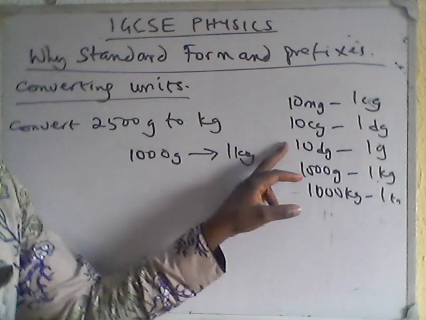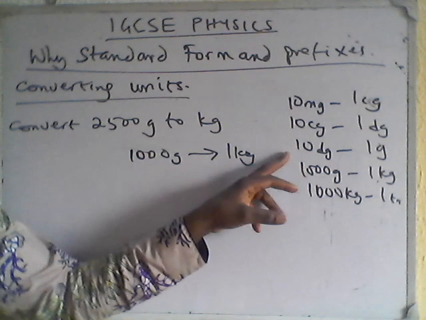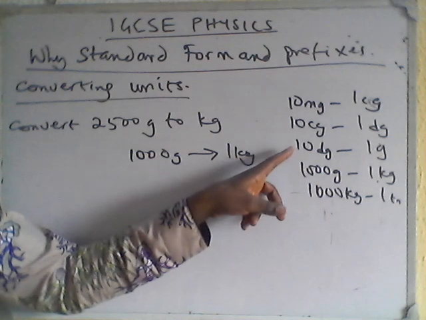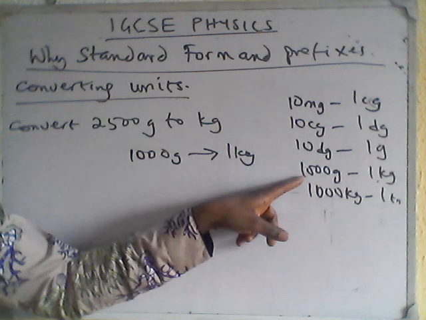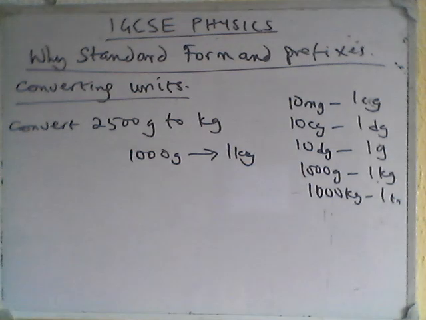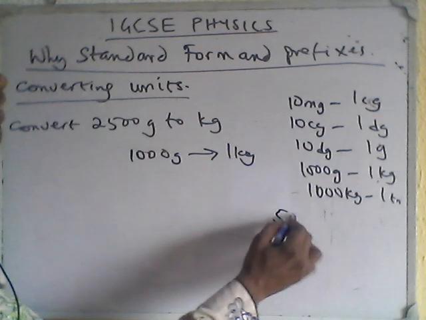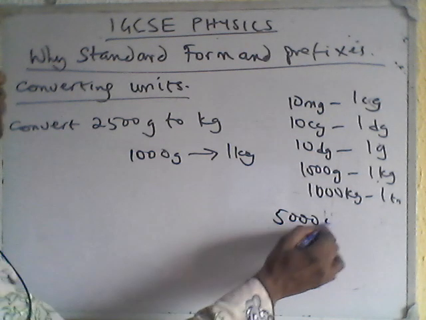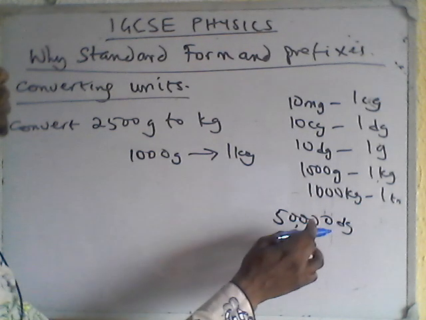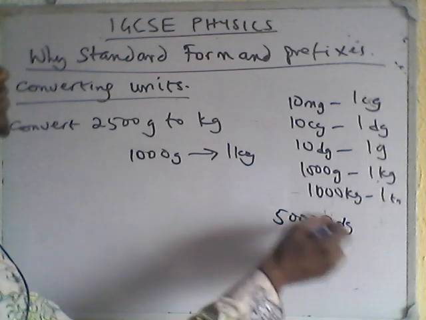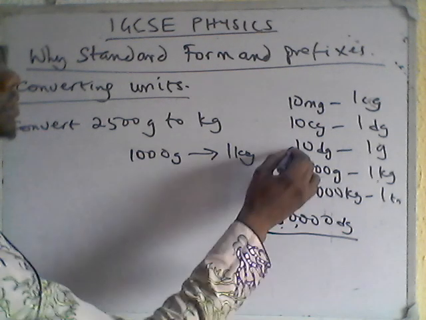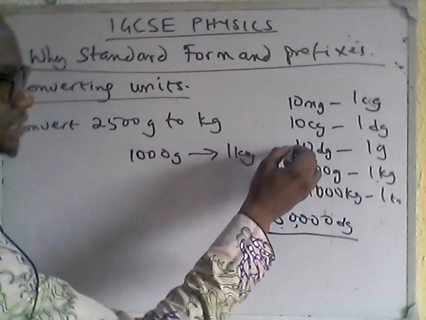So if you are at this point, let's say, for instance, you are given in decigram, multiply this 10 by this one and divide what you got by the decigram. For instance, if they say convert 50,000 decigram to kilogram, just divide this one by where you are, which is decigram times this one.